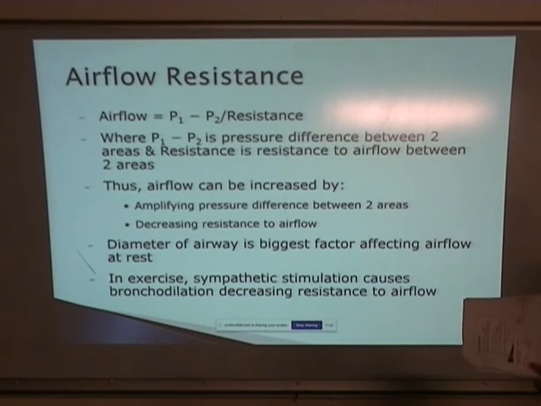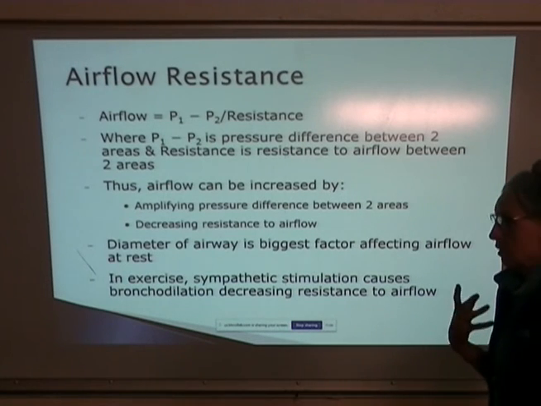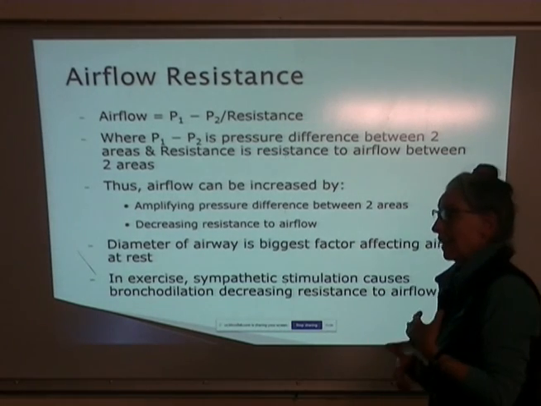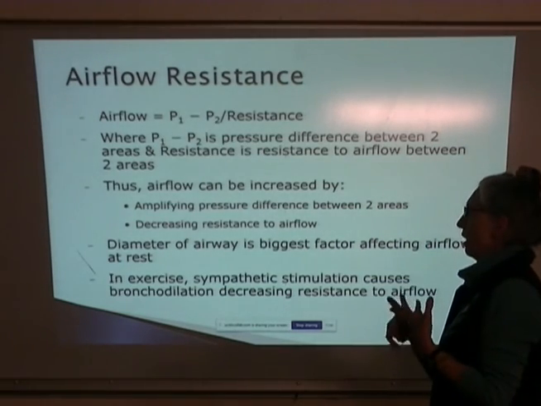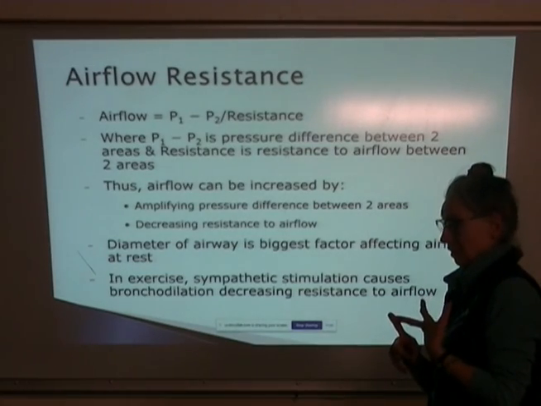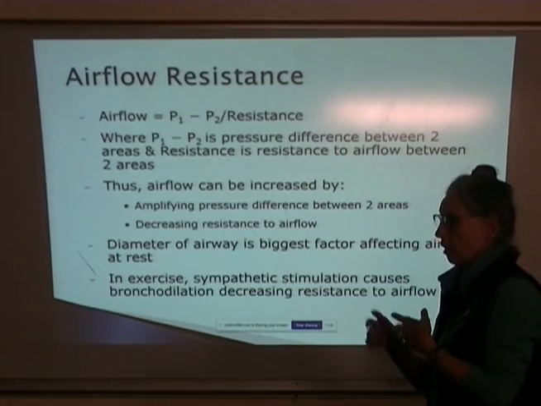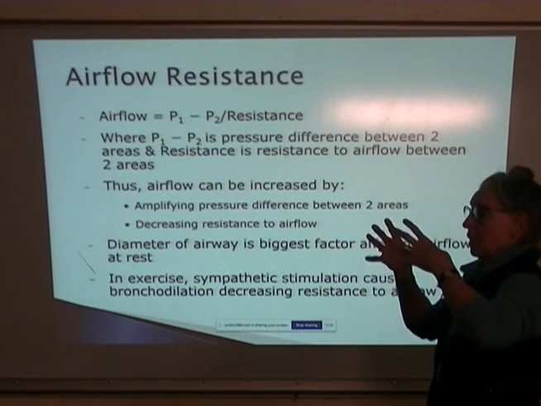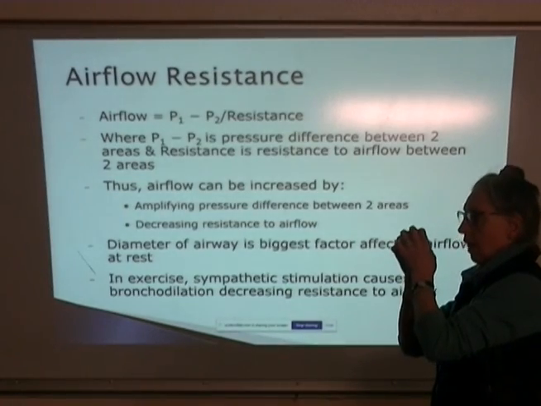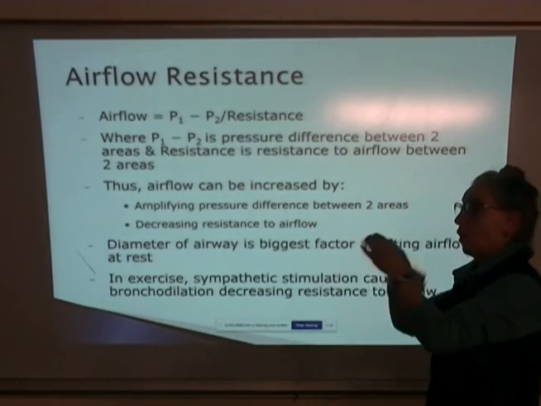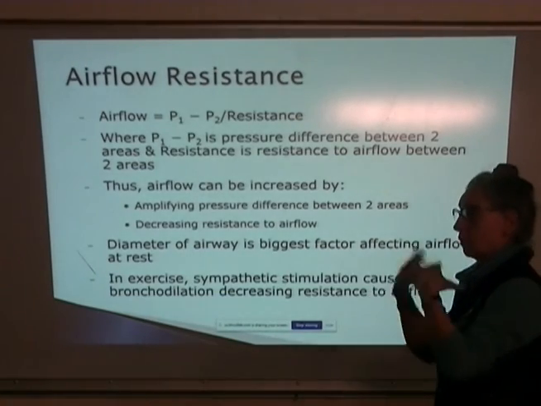If we've got some kind of restrictive disease or symptoms. So if you have asthma, if you're a smoker, if you have COPD, if you've got bronchitis, right, any of these narrows the airways into the lungs and makes it harder for airflow to go through, right?